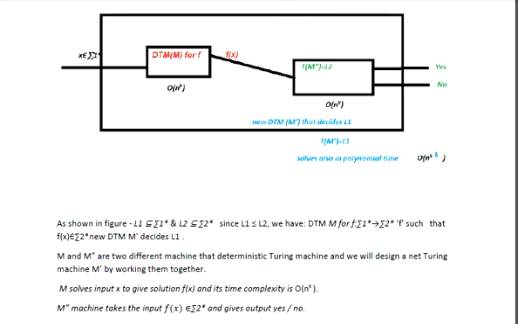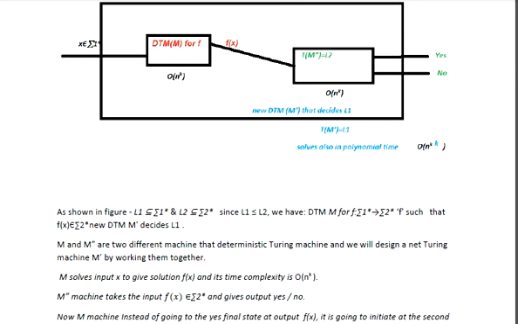Instead of going to the final state yes, it will be given as input to the deterministic Turing machine M double prime, and then it will produce the output yes or no for the input x. In that case, it will create another new machine, M prime, and that will decide L1.